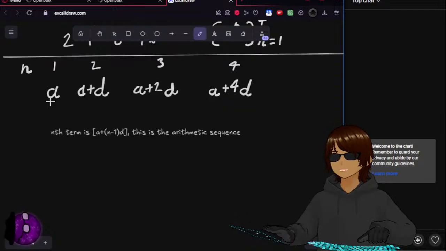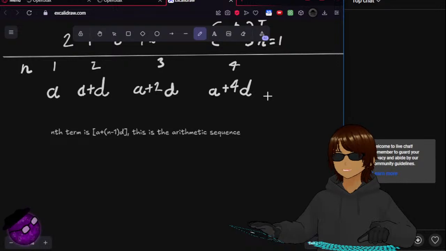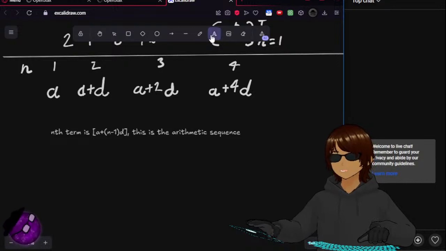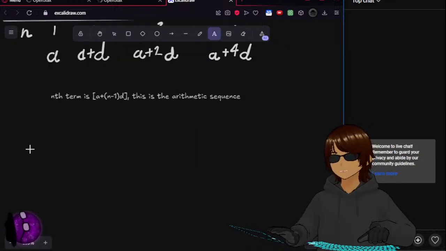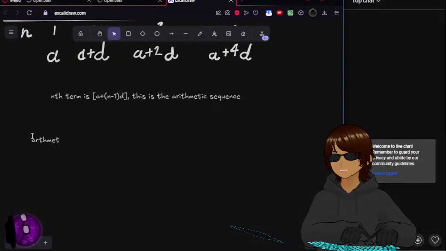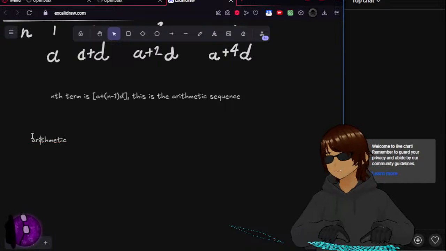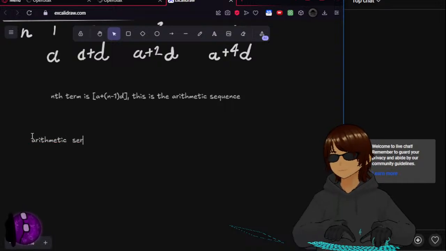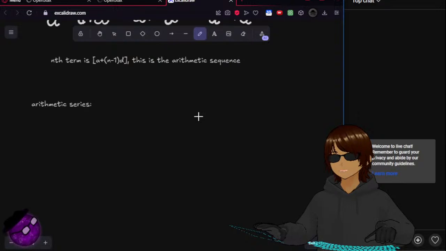So if the numbers are listed out like this, then it's a sequence, but if you're adding the numbers, then it's a series. So an arithmetic series would be like this.